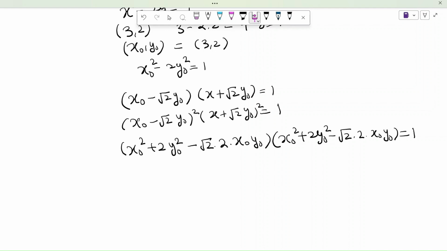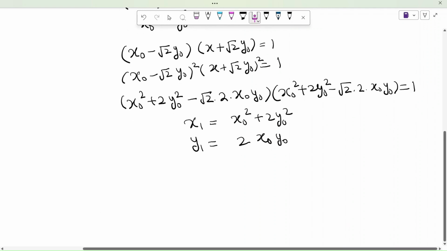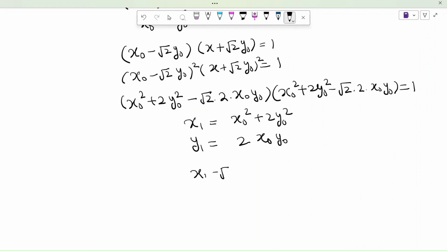Now let's call this x1 and this y1. x1 is equal to x0² + 2y0² and y1 is equal to 2x0y0. So how does this equation look? (x1 − √2 y1)(x1 + √2 y1) = 1. Here also we have the same thing, this is my x1 and this is my y1.